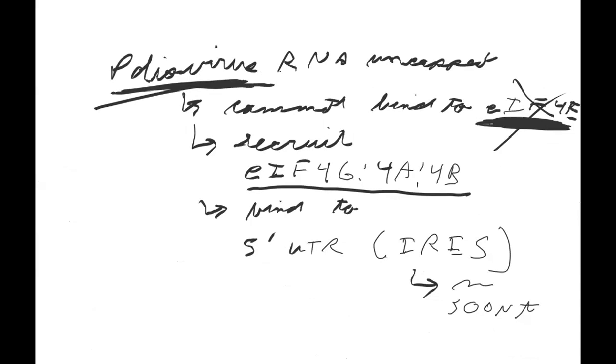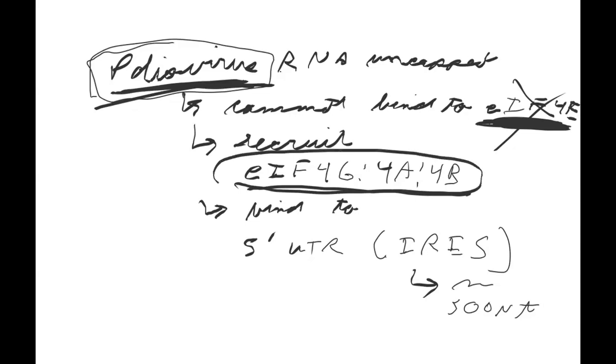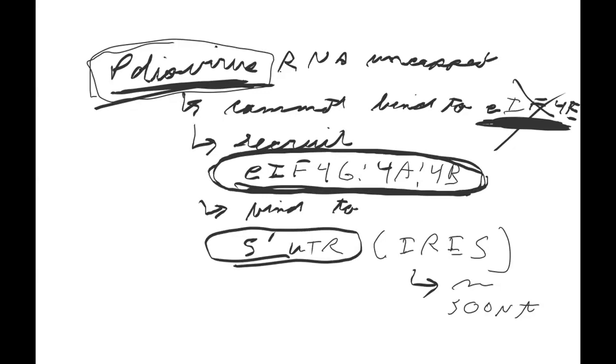So nature has allowed for the poliovirus to evolve and be able to recruit the EIF4G, 4A, 4B directly, all right, based on the topology that's in the IRES region of the 5' UTR, okay? This IRES structure is about 500 nucleotides.